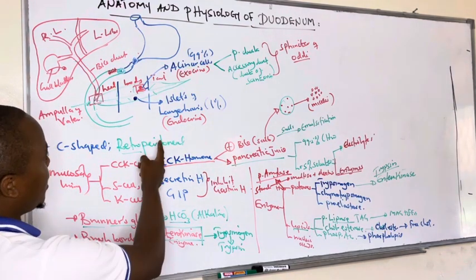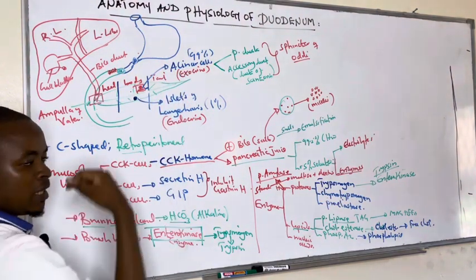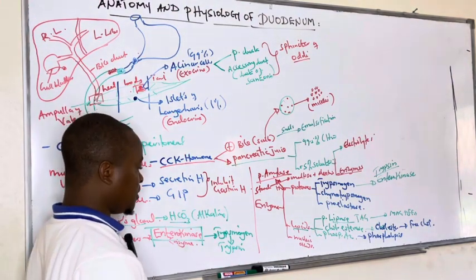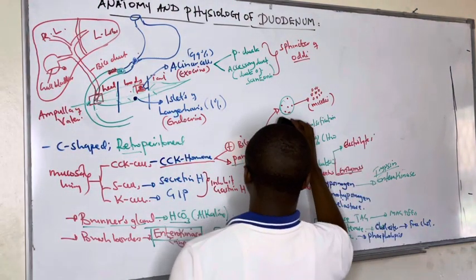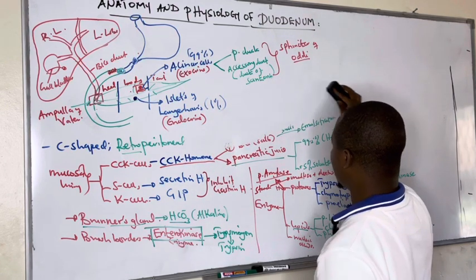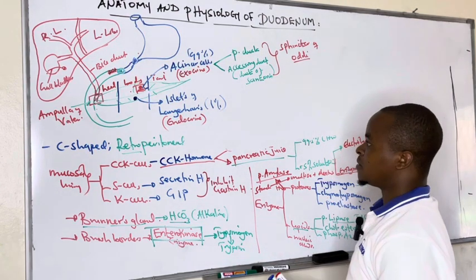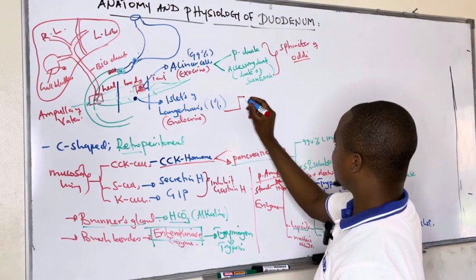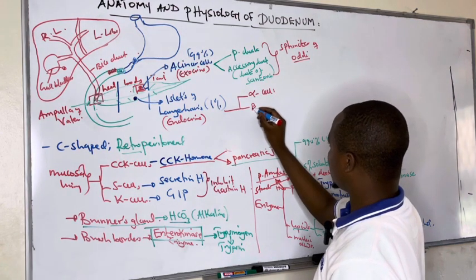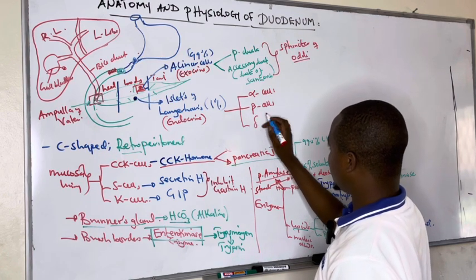Lastly, we mentioned that the pancreas has two types of cells, the acini, which is the major, and the islets of Langerhans. These islets of Langerhans do great work under endocrinology, whereby they have three types of cells: the alpha cells, the beta cells, and the delta cells.